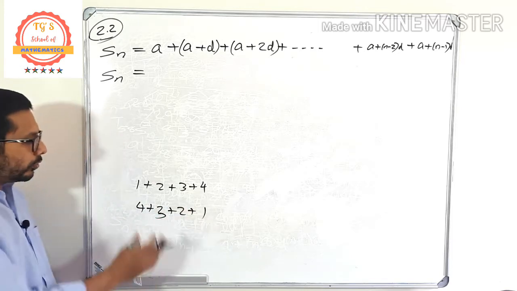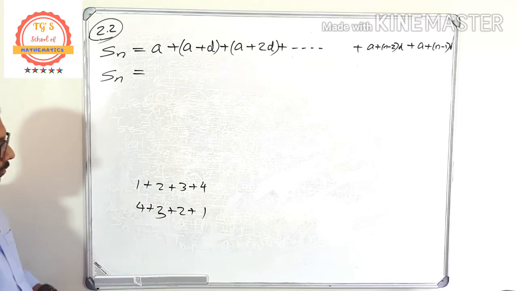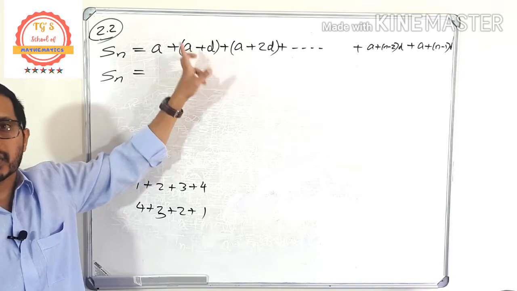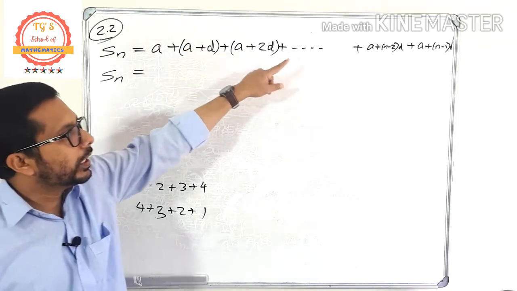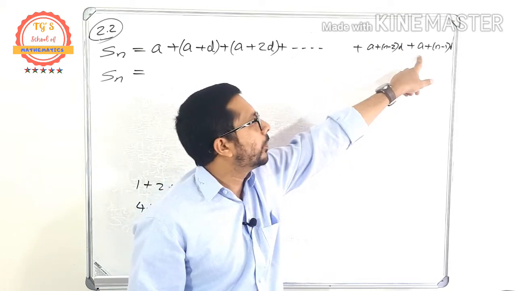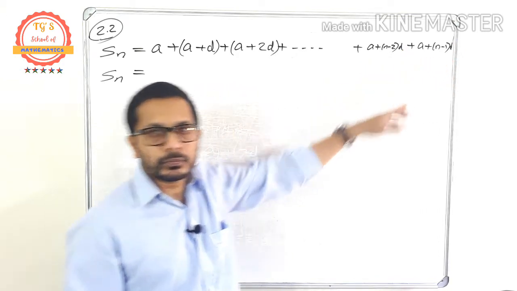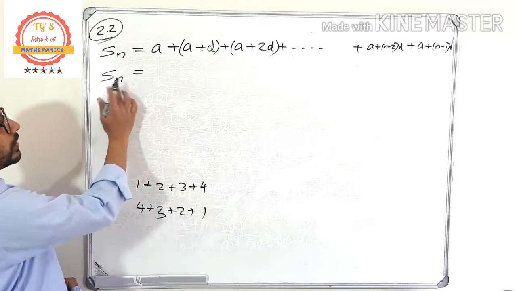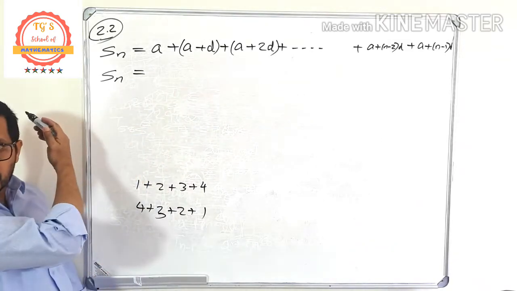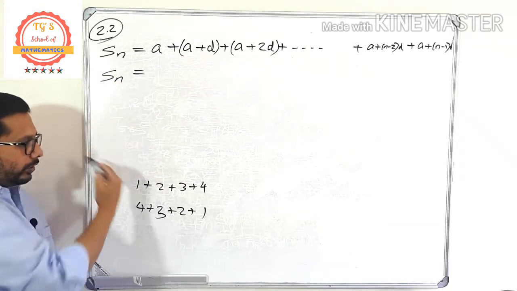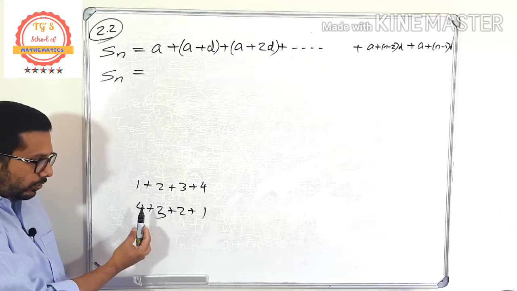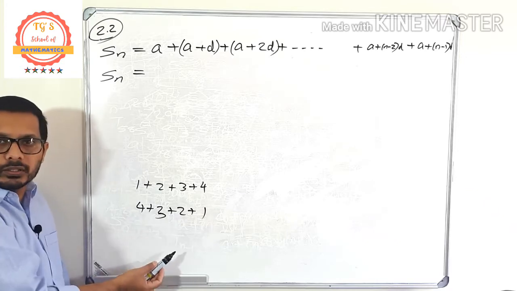So I'm going to write like this also: a plus a plus d plus a plus 2d plus etc. plus a plus n minus 2 d plus a plus n minus 1 d. Now next Sn, I am going to write from the right to this side, like this. 1 plus 2 plus 3 plus 4, you can write like this also, 4 plus 3 plus 2 plus 1. It's the same thing.